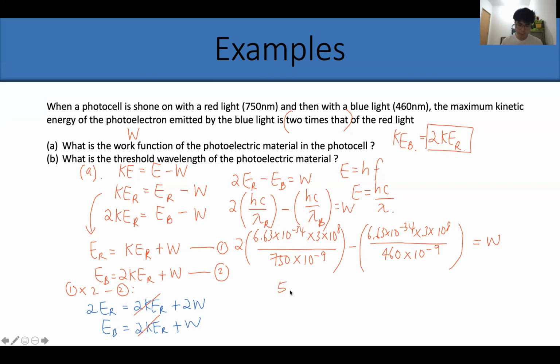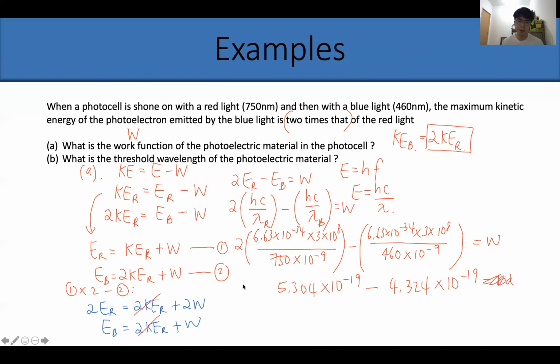This one is 5.304 times 10 minus 19 minus, okay, this one is 4.324 times 10 minus 19 equals to what?